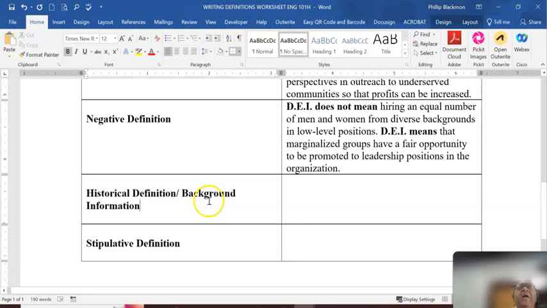You may not be able to find actual historical information because some of your terms are rather new and they don't have an origin, but some of them do. And for those of you who can find the history, use the history. But others of you will be finding background information on your topic.